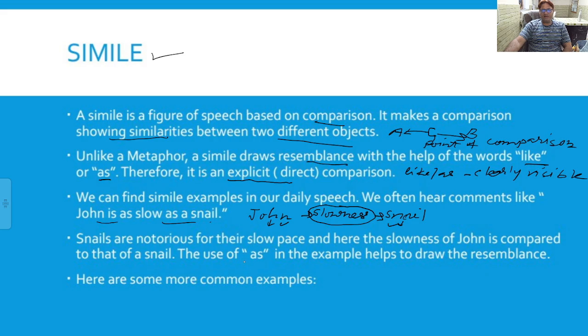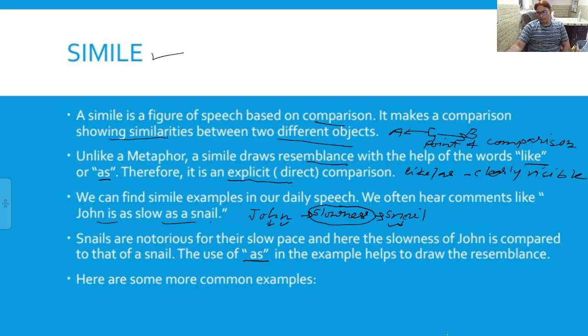And the use of 'as' or 'like', as I told you, helps to draw the resemblance. So, this is the initial example to make you understand what simile actually is. And now I think you must have got some idea about simile.